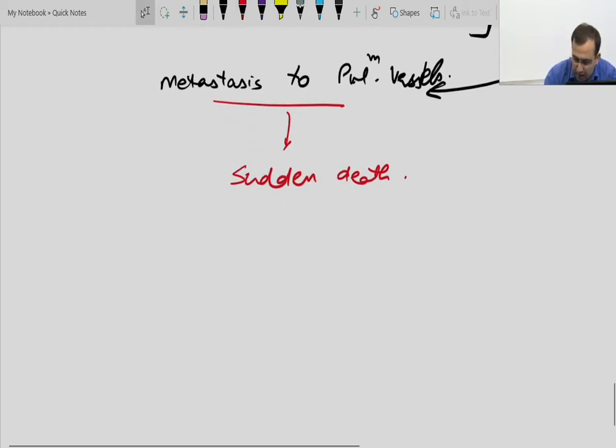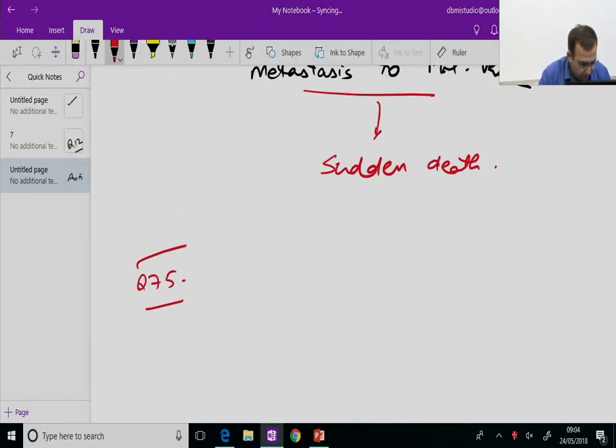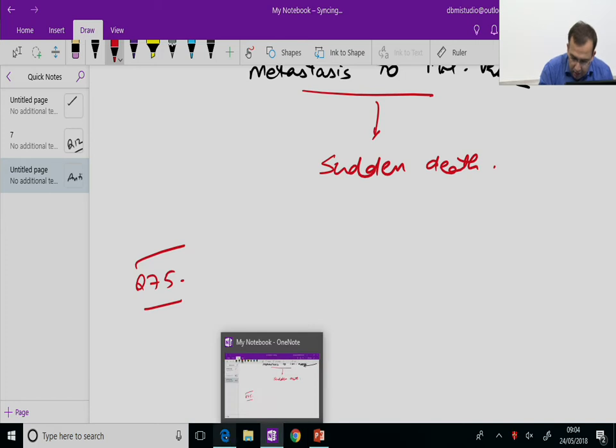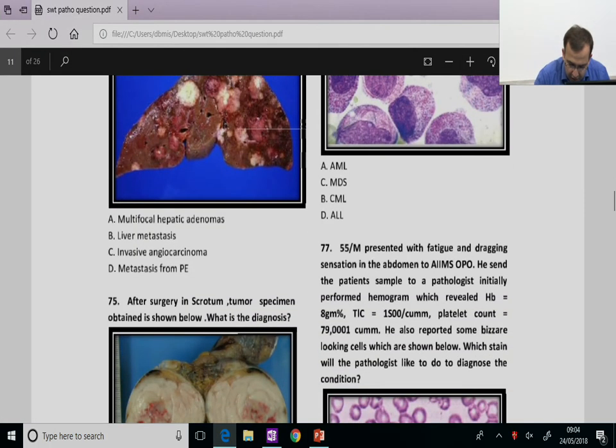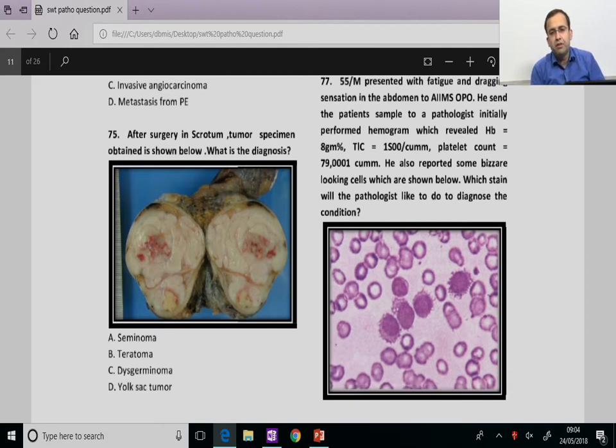Next, this gets us to the next question, that is question 75. Let us first have a look at the question. After surgery in scrotum, the tumor specimen obtained is shown.